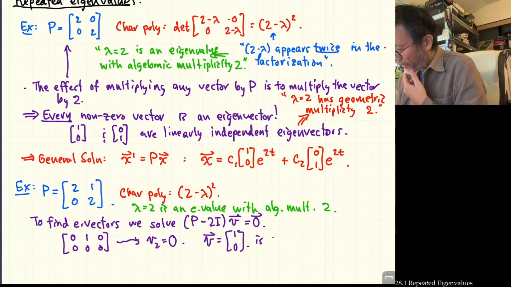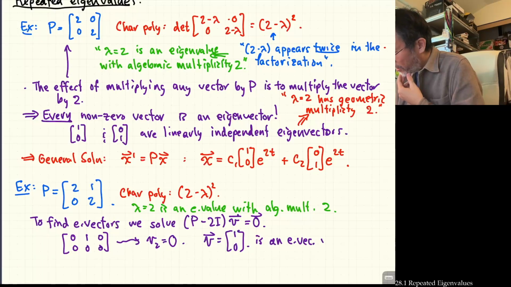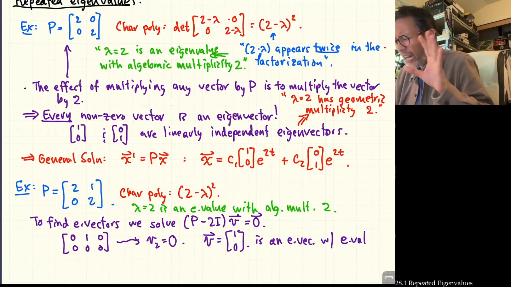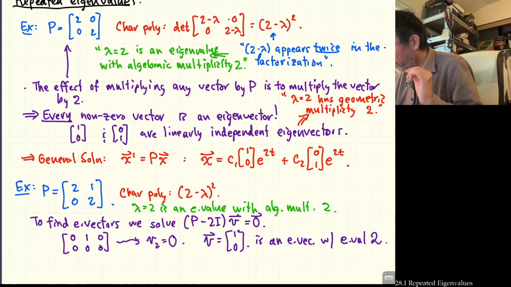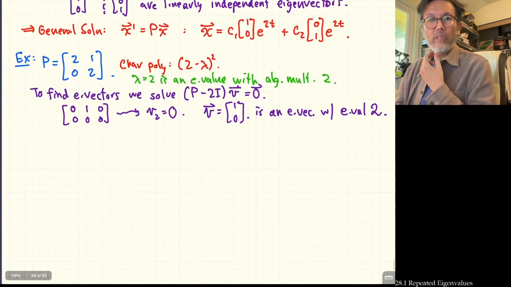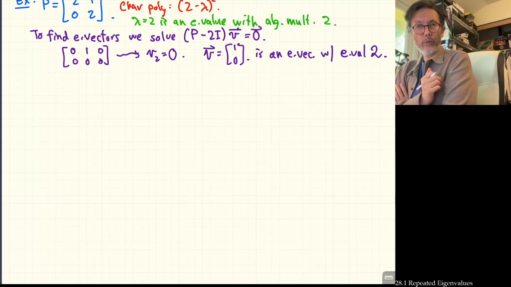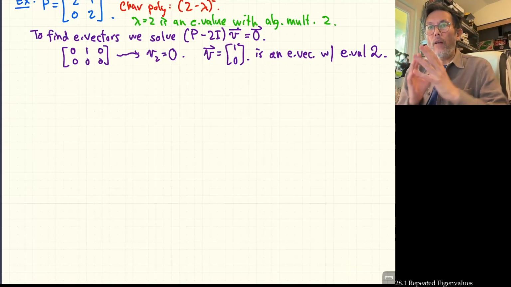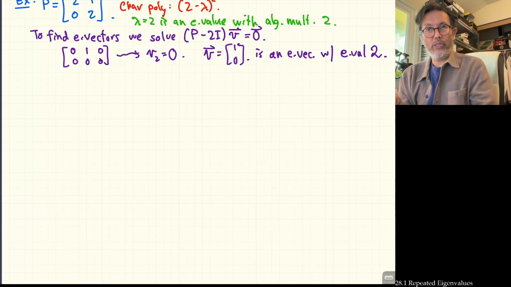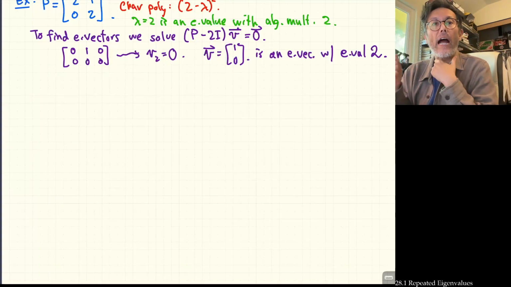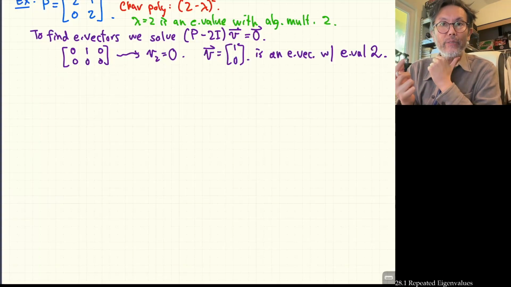This is an eigenvector with eigenvalue 0. Oh, sorry, eigenvalue 2. My bad. Eigenvalue 2. Okay? So that gives me one solution. But you can see, I can't get another eigenvector out of this eigenvalue.